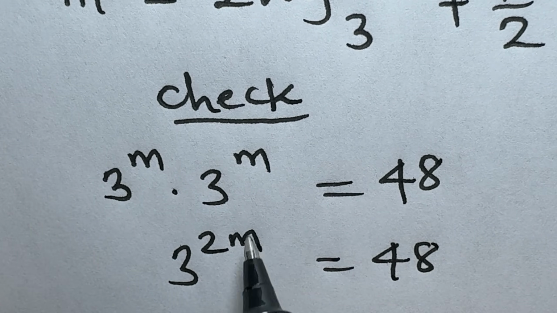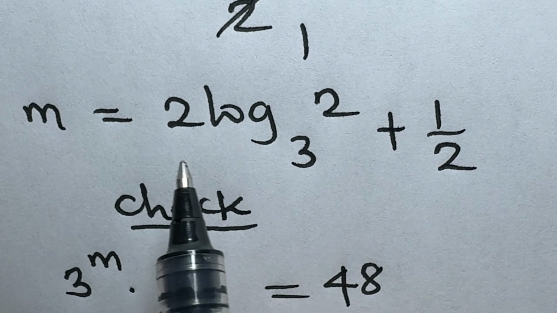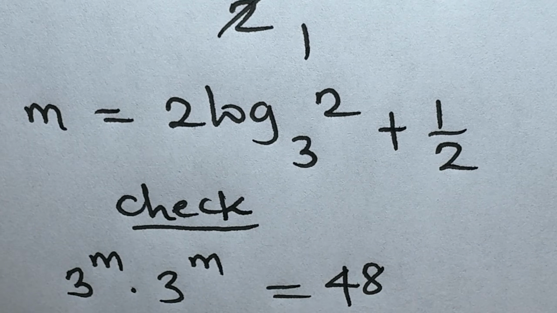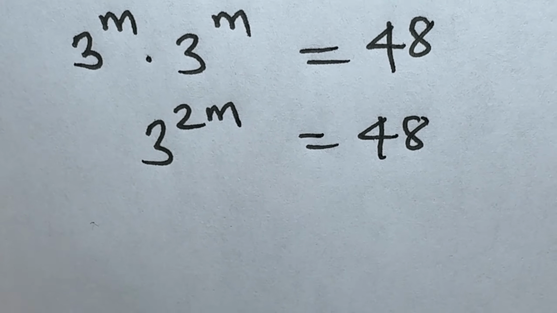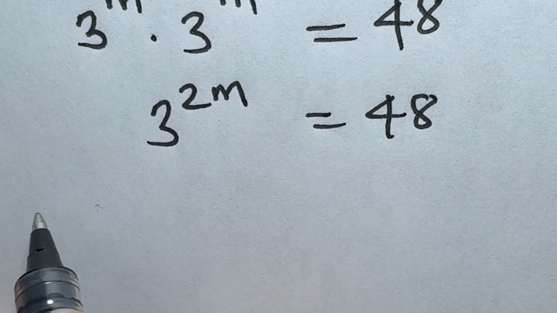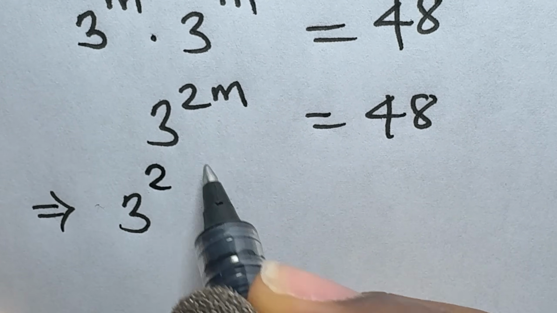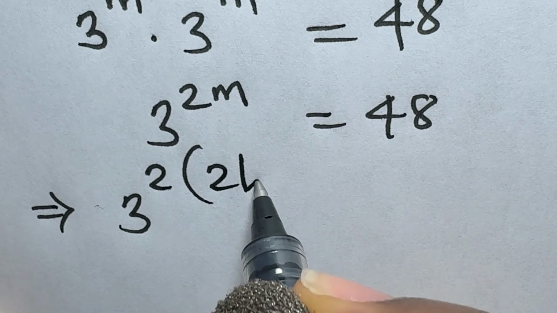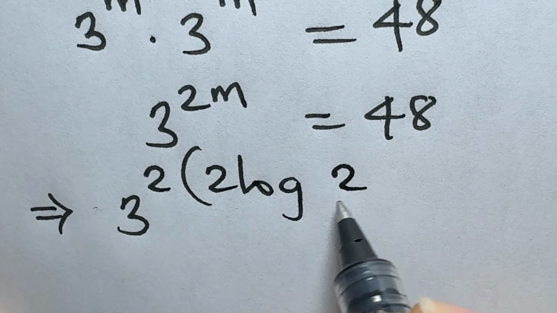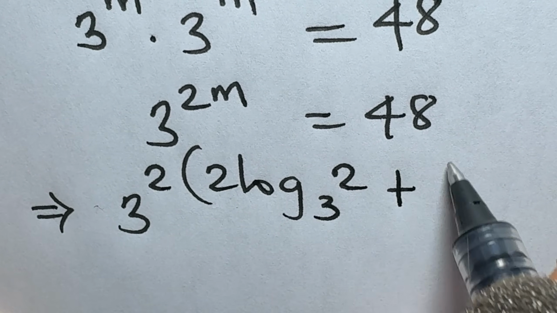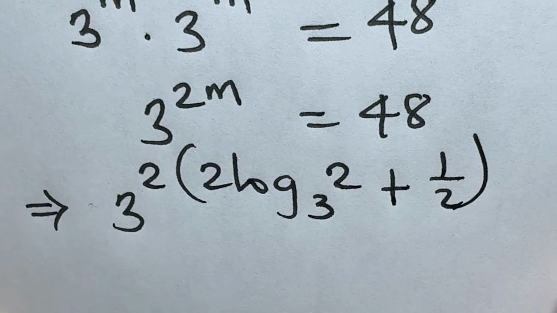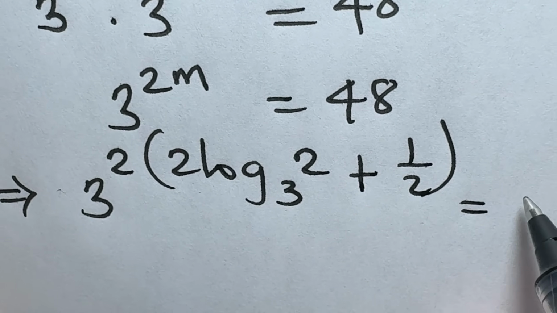So now in place of m, I'm going to put 2 log 2 base 3 plus 1 over 2. This implies 3 raised to power 2 into (2 log 2 base 3 plus 1 over 2) to give us 48.